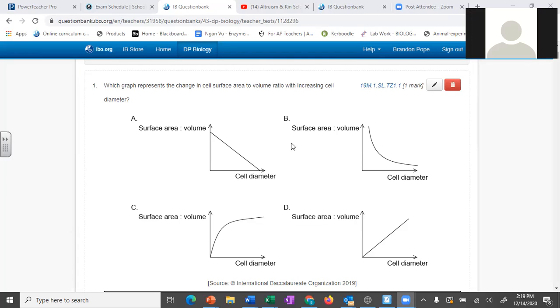Okay. I mean, the surface area and volume both are going to change in terms of a cell diameter, but which changes more quickly is the question. I think the diameter changes more quickly.